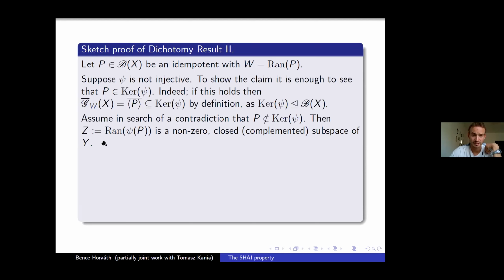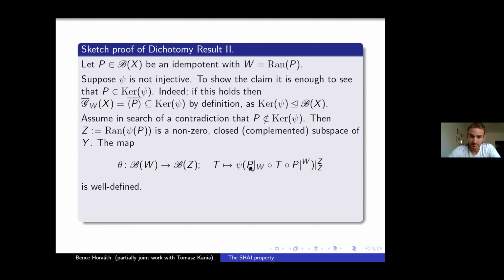Then we know that Z, defined as the range of psi of P, is a non-zero, closed, and of course complemented subspace of Y. It's very important that it's non-zero. So we can make sense of a map defined from the bounded linear operators on W into the bounded linear operators on Z. It's defined the following way. You take some operator T on W and compose it with the projections on both sides.